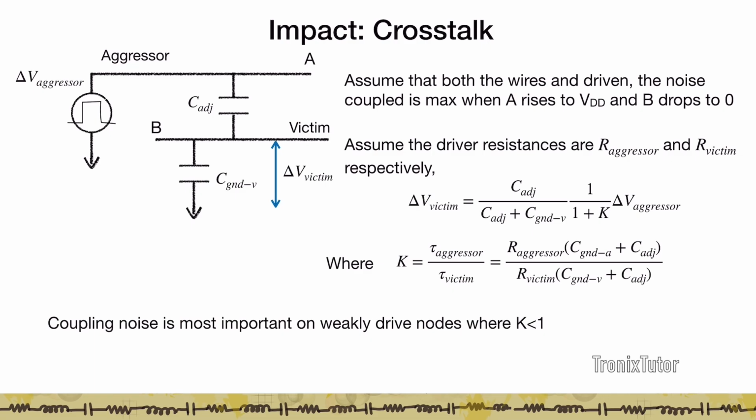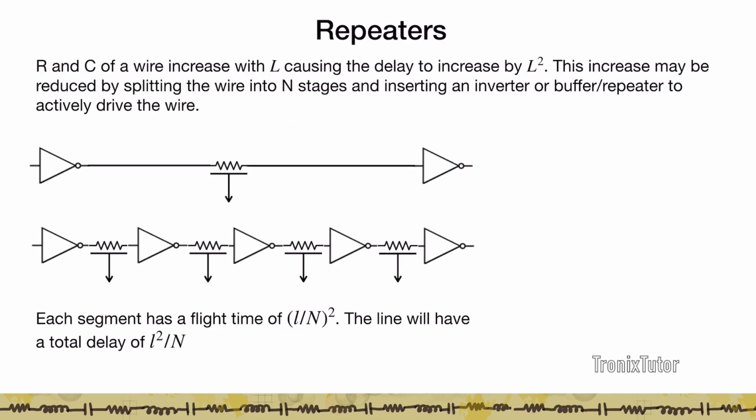Now, the R and C of the wire increase with L, and hence the delay of a wire increases with L squared. A simple way to reduce this square dependence on the length would be to break the wire into n stages and insert a buffer or a repeater after every small stage.